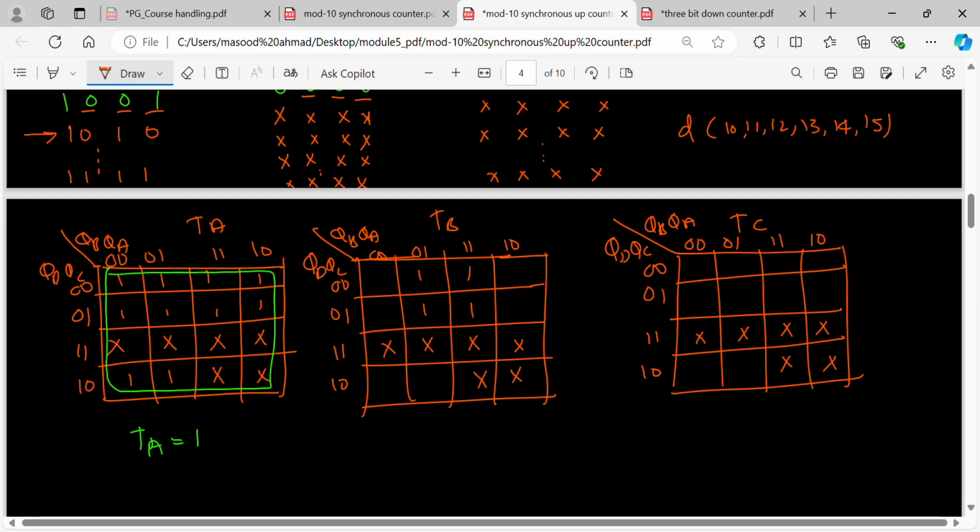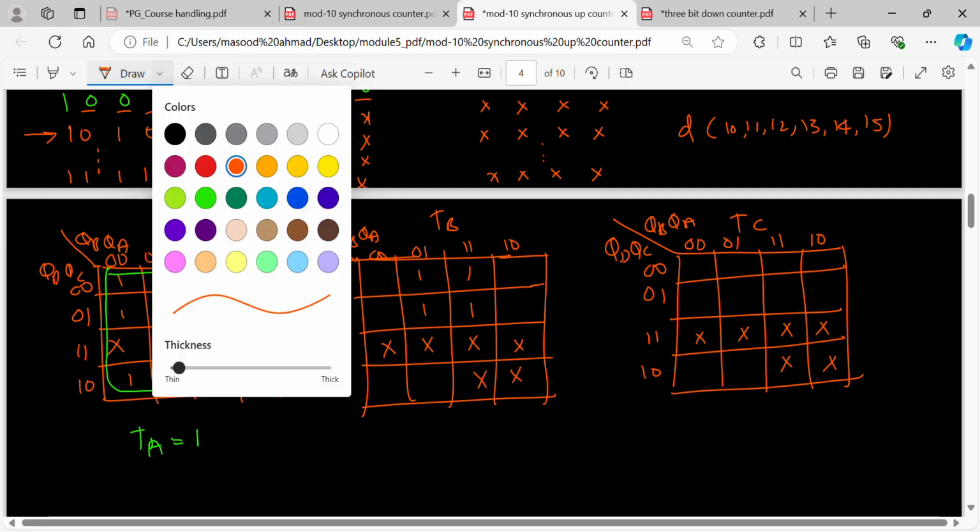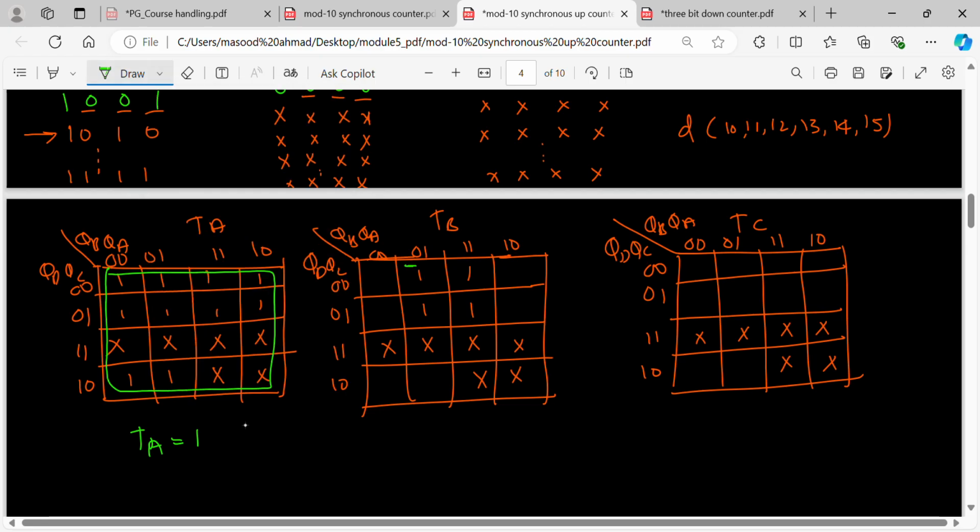So I can take 4 ones as a combination. What I am left with is the expression for TB. For TB, it is QA from here, and from here it is QD bar. So it is QD bar or QD bar QA.